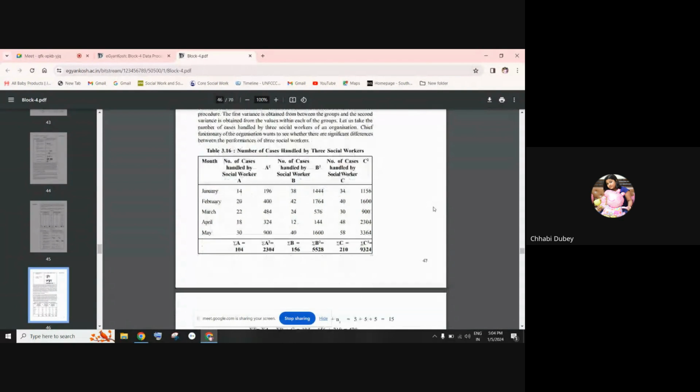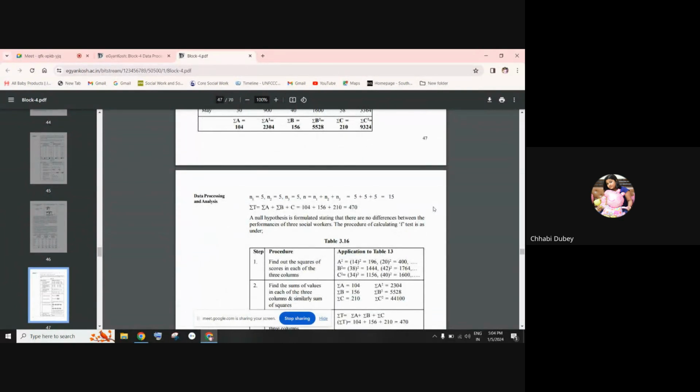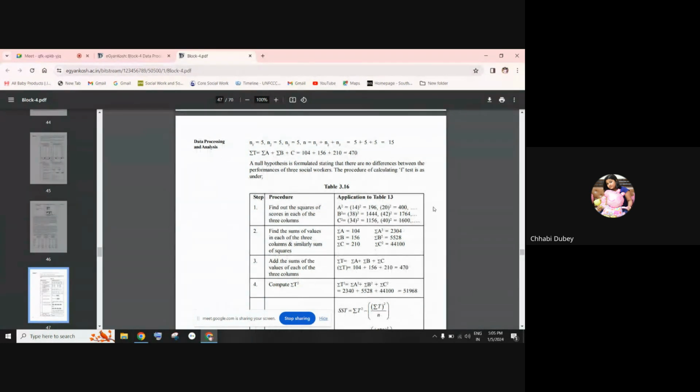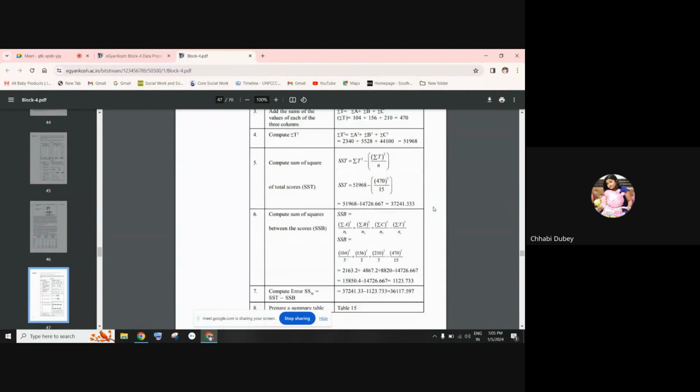Now they have taken an example here in order to find out the ANOVA, or the analysis of variance. So here this is the procedure where we have to find out the squares of the scores of each of the three columns. You will find the sum of the values in each of the three columns, and similarly the sum of the squares. You are going to add the sum of the values of each of the three columns, and accordingly compute the summation of t square, and then compute the sum of the square of the total scores.